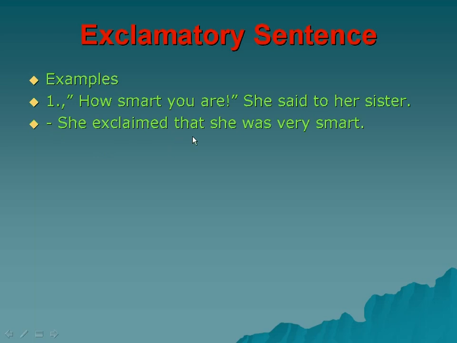When there is an exclamatory sentence, first of all we should transform it into an assertive sentence and after that we should make it indirect narration. She exclaimed that she was very smart.